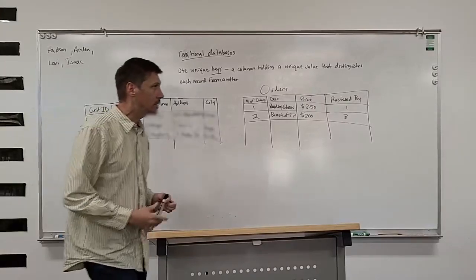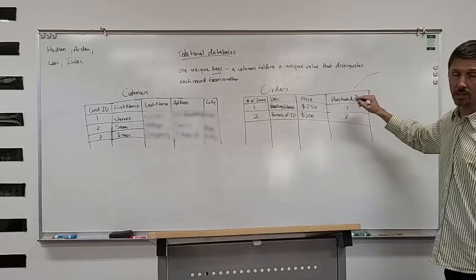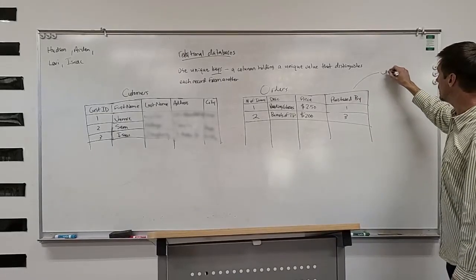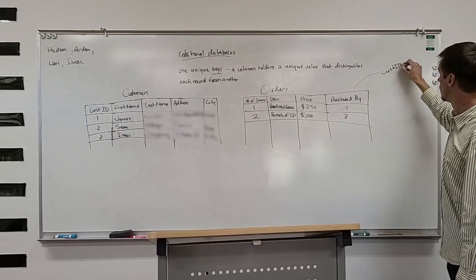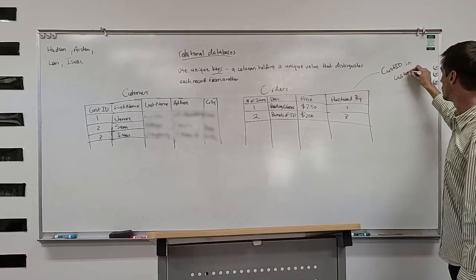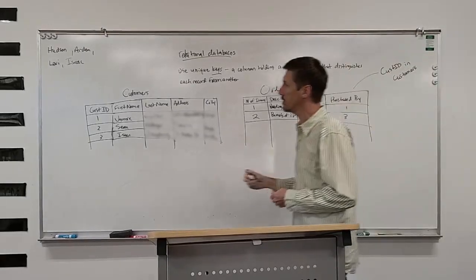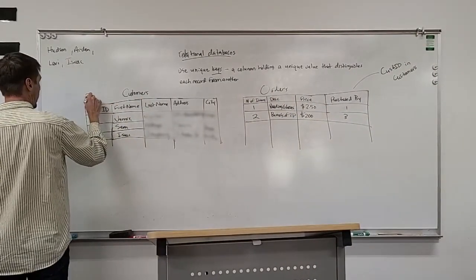So what that means is there's got to be something internally in the database that says this purchased by column here relates to the customer ID in the customers table. So there are these key values, and in this table, it's the primary key.